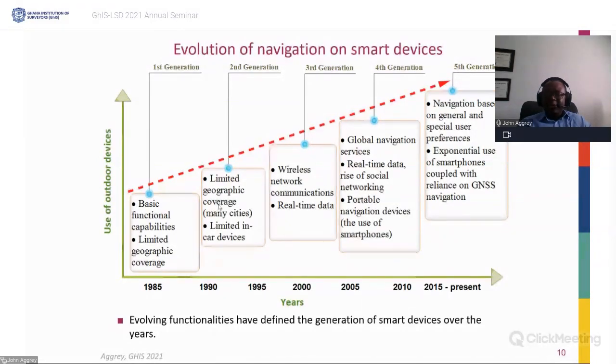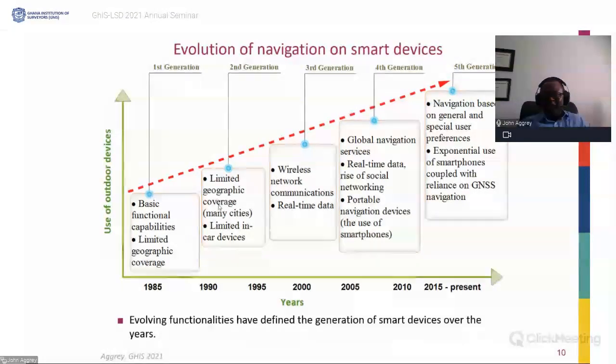And there was a third generation of devices which were utilizing the wireless network in order to use the real-time data to position themselves as you go on. By 2005 onwards, smartphones were born. That's when you could actually take a smartphone in hand and use it as a mobile device.